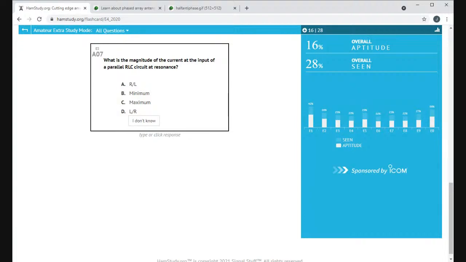D. R over L. I'm going to go with maximum. Nope, it is minimum.